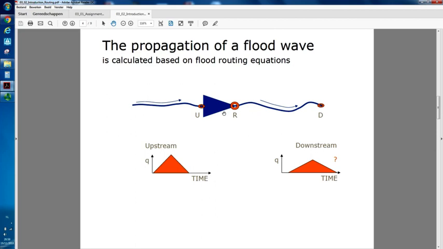And if we know how this flood wave that comes in, represented here by this hydrograph, transforms while propagating along the river, we can know if it is really necessary to fill up this reservoir to avoid the flooding.